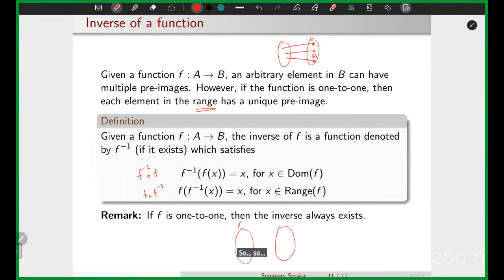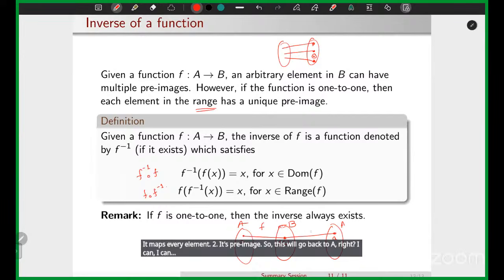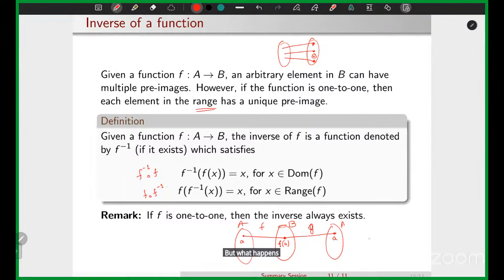So if I have A and then B and then consider A again. So if I have some element going to this element, so A goes to F of A. Then what did I say? What was the property of the inverse? It maps every element to its pre-image. So this will go back to A, right? I can write a function G. But what happens in this case?